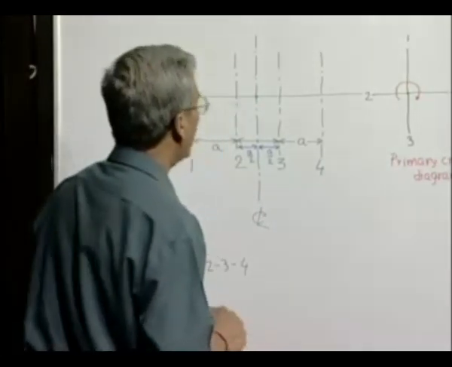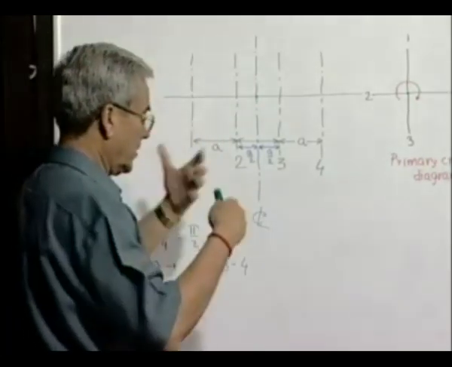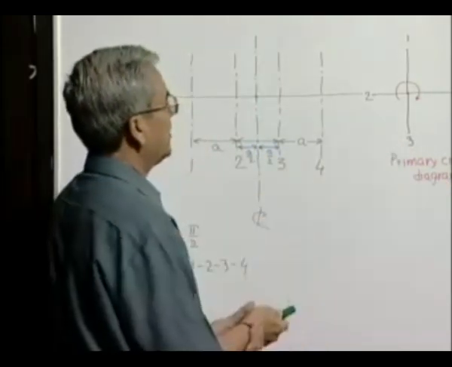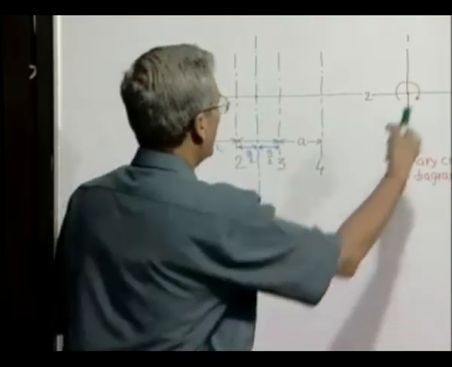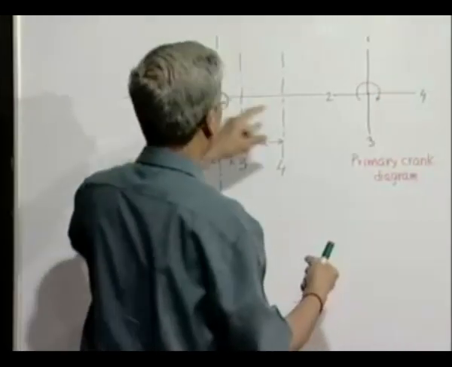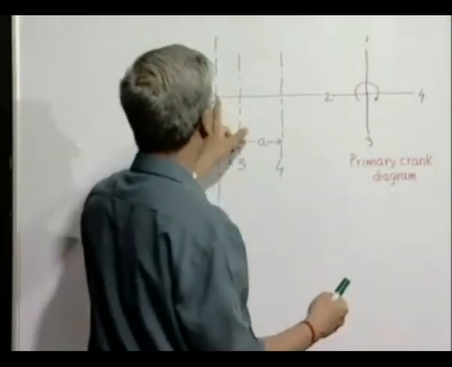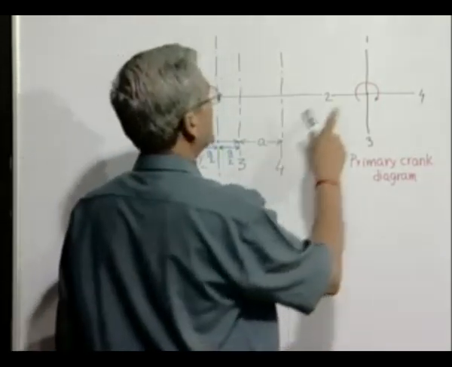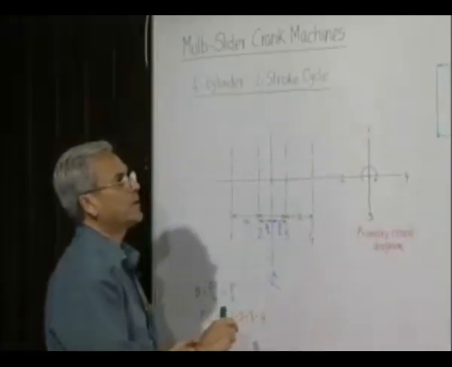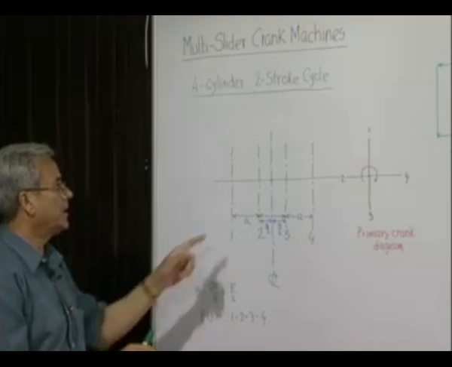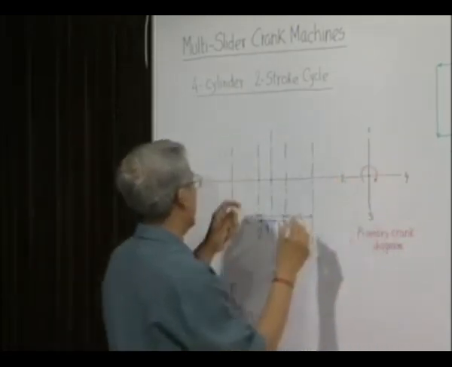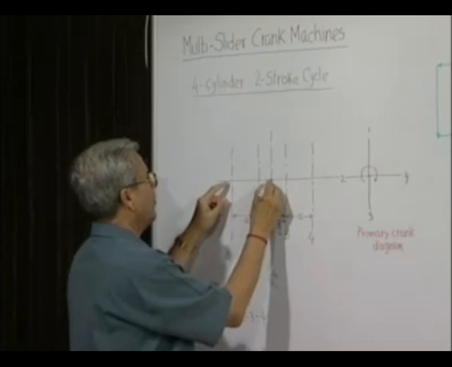Now, without going into such complicated cases, let us directly plot the primary moment diagram, looking from this side, to see what these centrifugal forces will produce about this. Now, the centrifugal force magnitudes are the same, it is m reciprocating omega square r for each case. Now, if this force is acting in this direction here, what will be the moment?